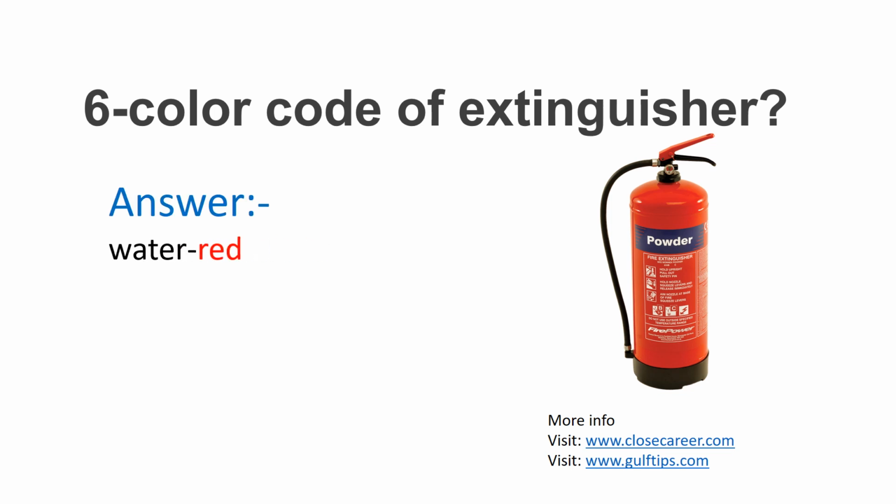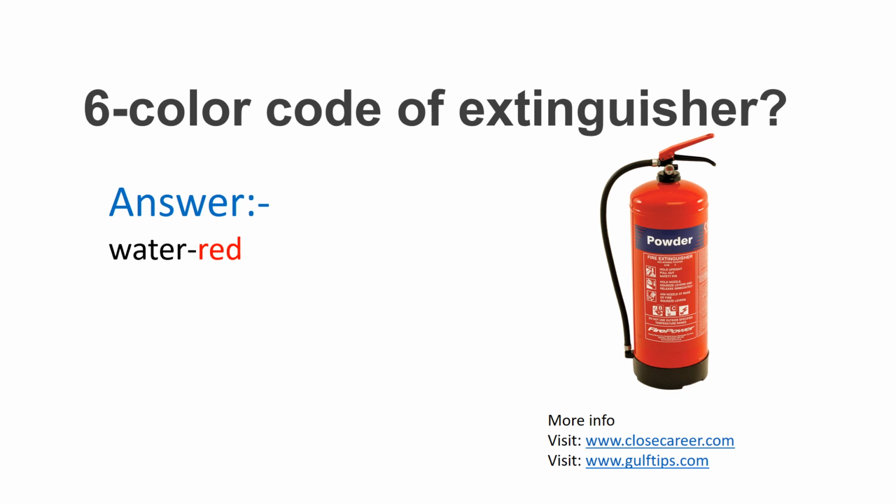Water extinguisher, red. The whole body is not in the color, only where it is written. Here you can see a powder extinguisher, right? Behind the powder label there is a blue color. This is a color coding, not the whole body of the extinguisher.